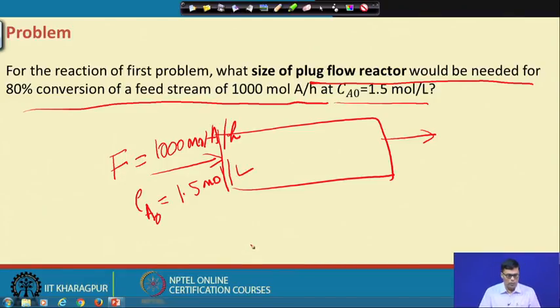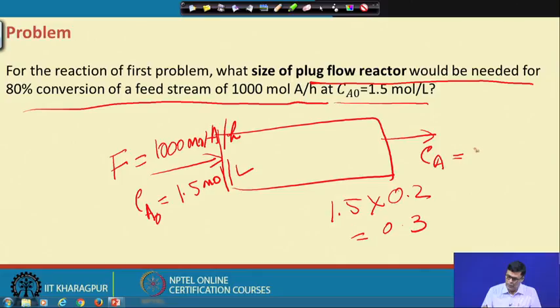So what size? 80% conversion means how much substrate remains? That is 20%. So 1.5 into 0.2 is equal to 0.3. Then the CA value will be 0.3 mole per liter. Am I right?